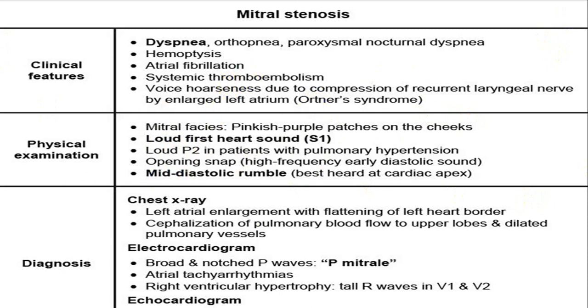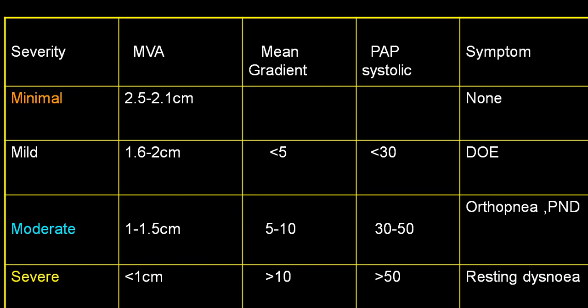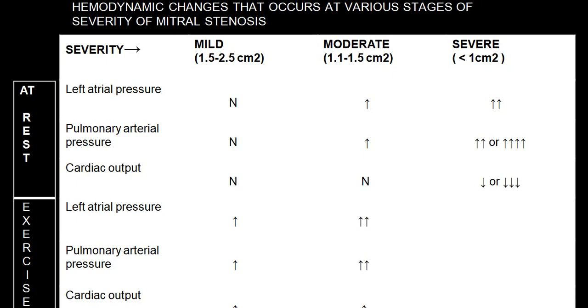Investigations, we'll be coming to. At your leisure time, if you are interested, see what the typical investigative findings are on echo, as well as on right heart catheterization or left heart catheterization, what pressure gradients, what will be the diameter, etc. You will come across that.